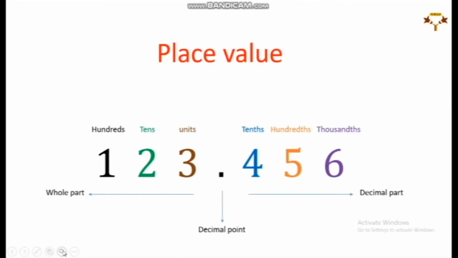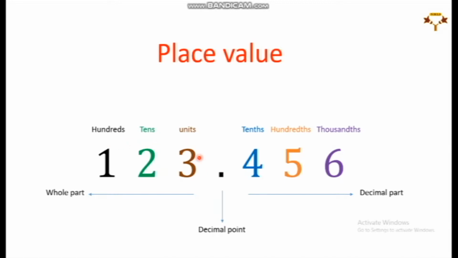As you see here, if you have a number like this, it is separated by a decimal point. This decimal point separates the number into two parts, the whole part and the decimal part. The place values of the whole part, like the whole pizza, are first units, then tens, then hundreds.